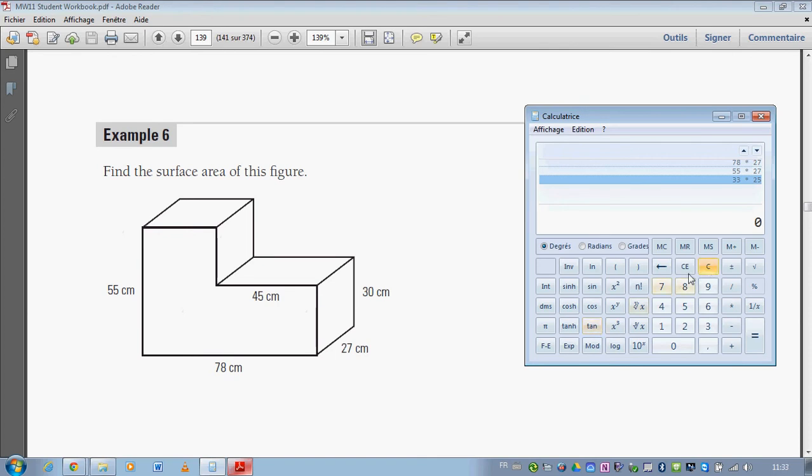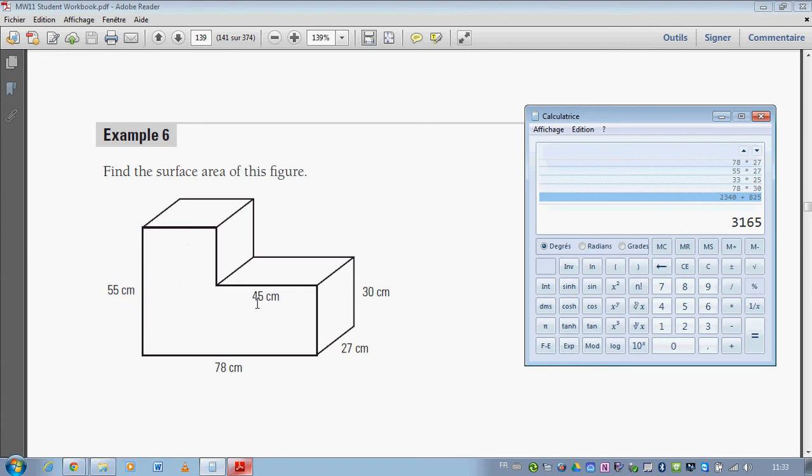So doing that, 78 times 30 gives you 2,340. Which we would then add to our little 825. That was this one right here. So plus 825, and then that gives us 3,165, which is the total surface area of this L shape right here.